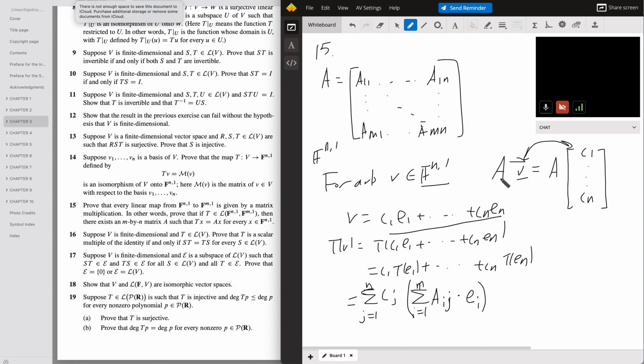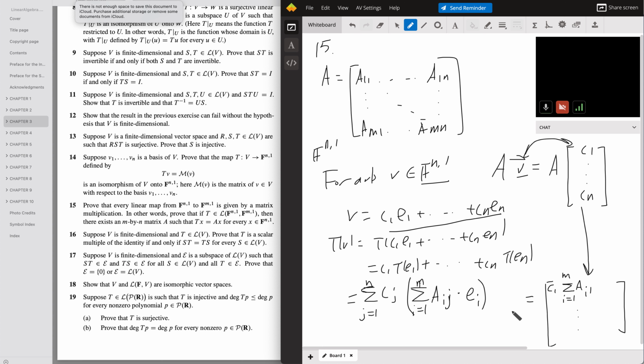And then what you can do is notice that, let's see, how can I do this in a good way? So this is equal to C1 times this once again, and so on, right?